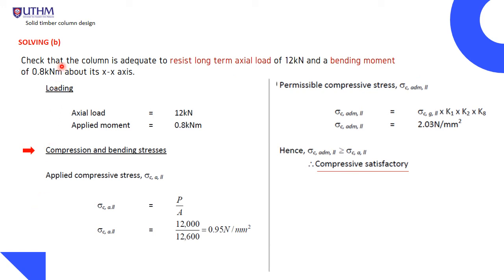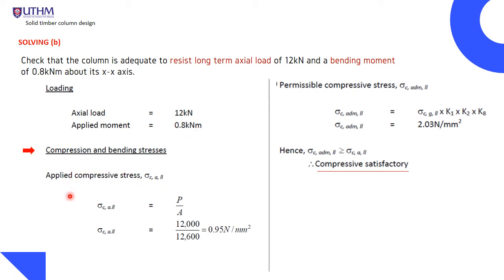For question B, check that the column is adequate to resist a long-term axial load of 12 kN and a bending moment of 0.8 kNm about its x-axis. So our loading is the axial load of 12 kN and applied moment of 0.8 kNm.